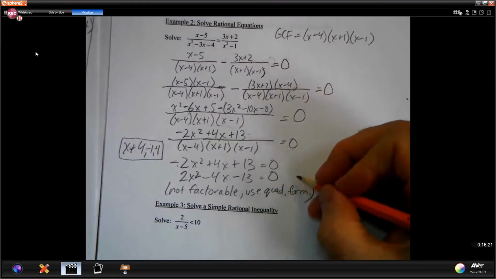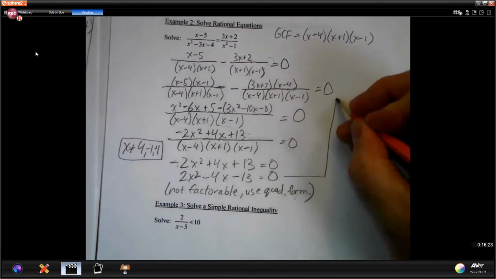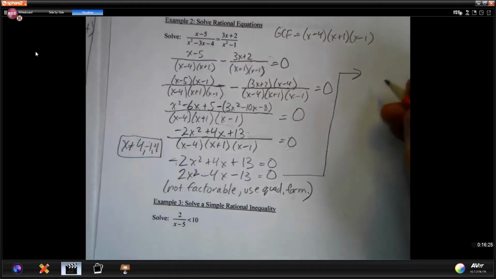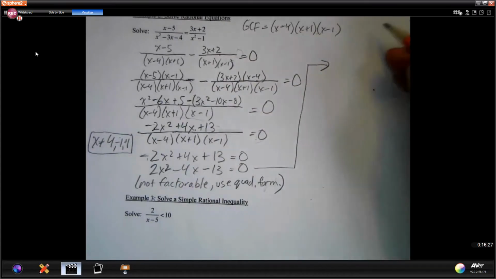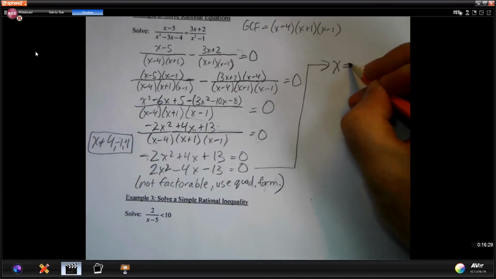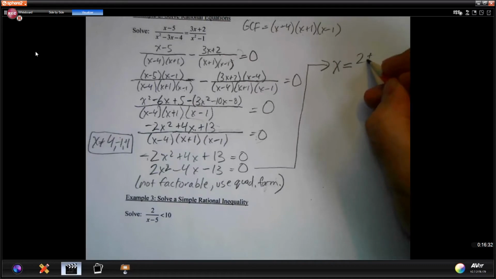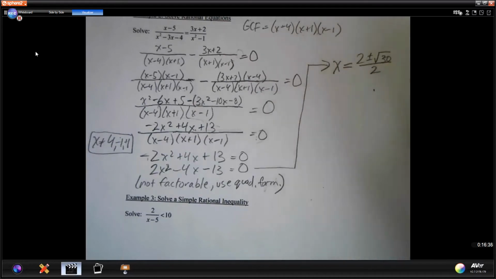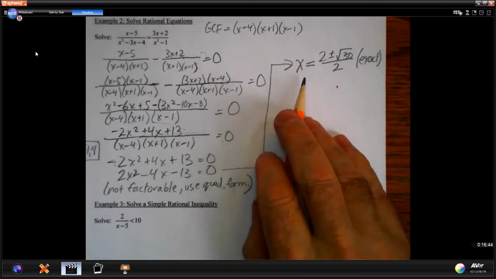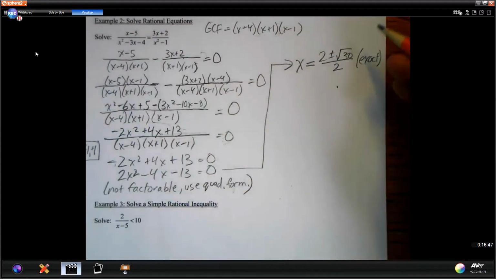Okay, now I'm not going to show the quadratic formula, but I would get x is equal to 2 plus or minus root 30 over 2. Okay, now these are the two answers, and these are the exact values.